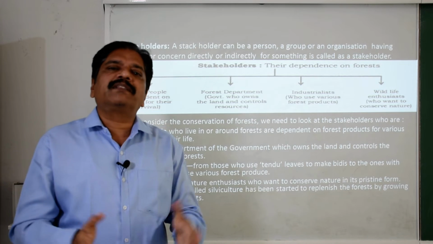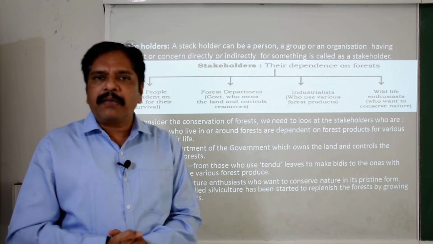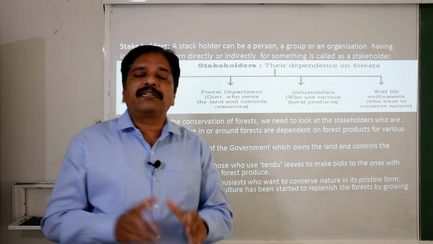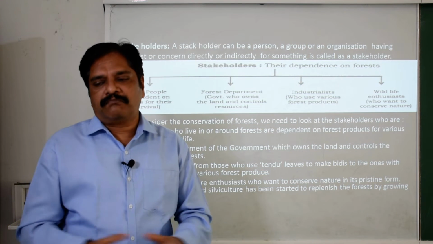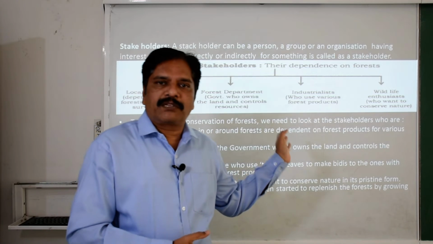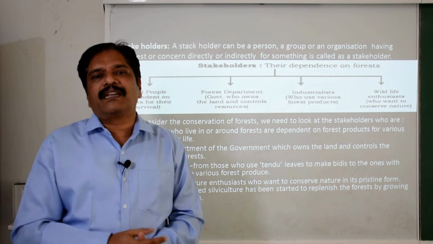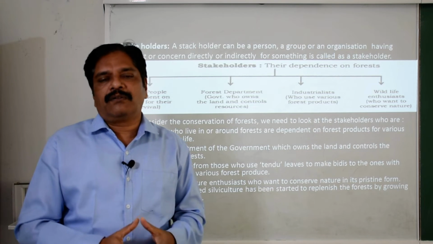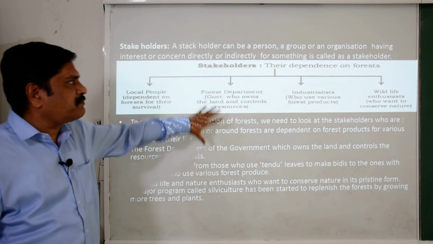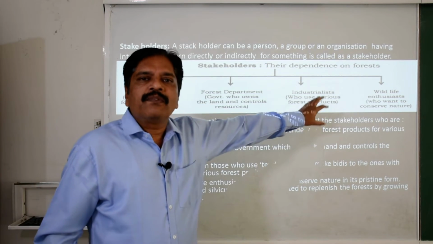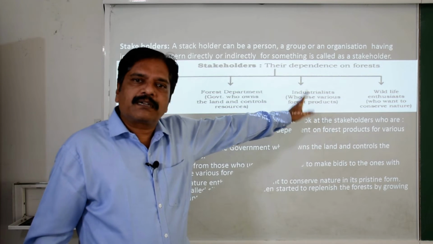Similarly teak wood and sagwan, which are basically used for manufacturing furniture, are only obtained from this. Not only this, all the dry fruits as well as gum and latex are obtained from this, and these industries are based on it. So they are also earning profit because of this forest, and they have a concern with it.